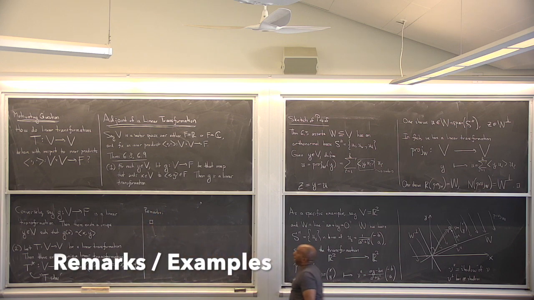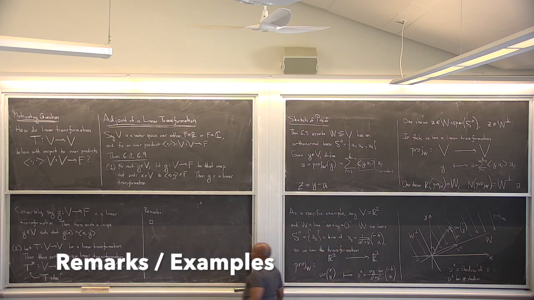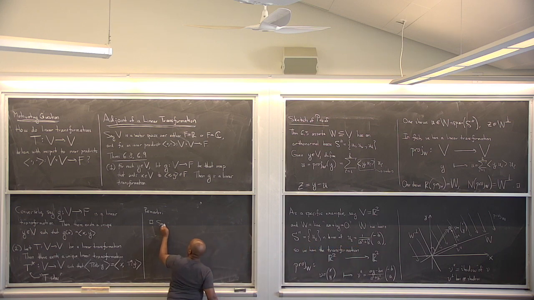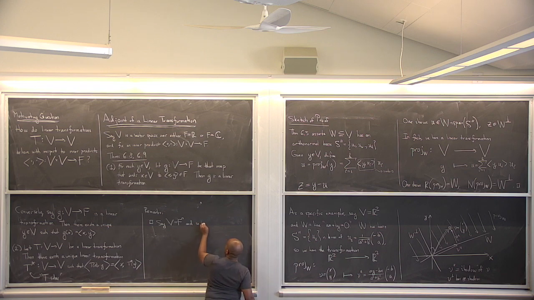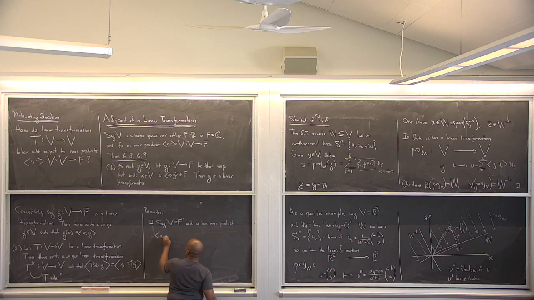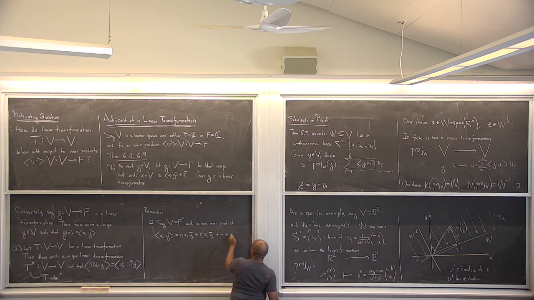So first, let me try to explain what's happening here for the first part. Well, let's say that V is F^n, and we have the inner product, so this is r1 x1 y1 bar, r2 x2 y2 bar, up to rn xn yn bar. Okay.